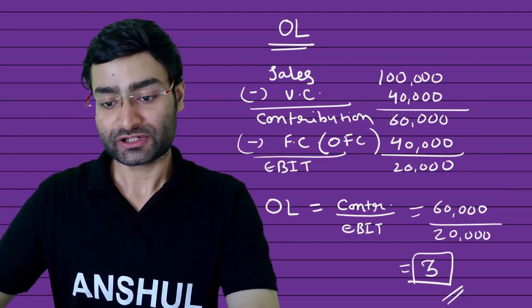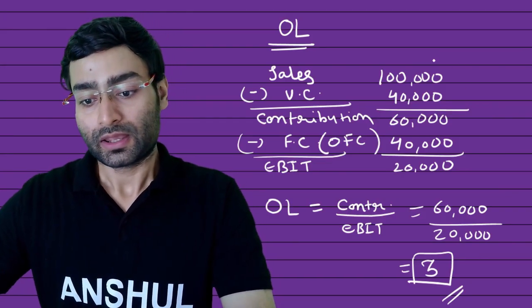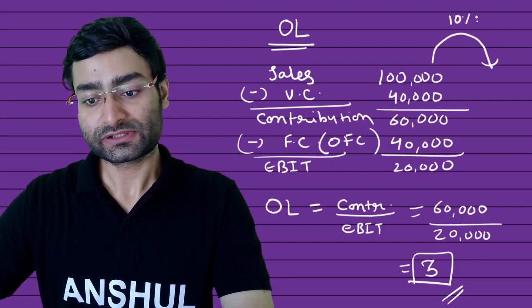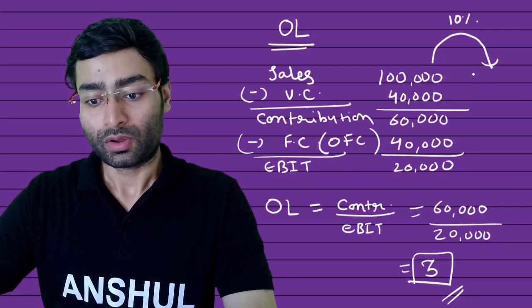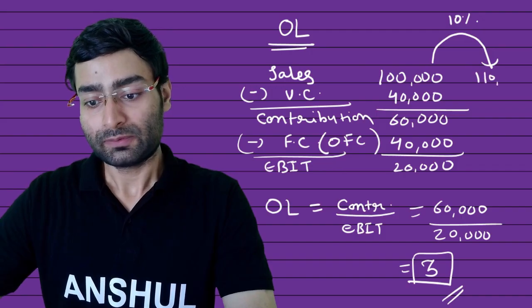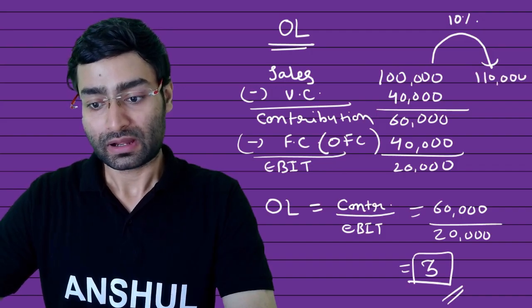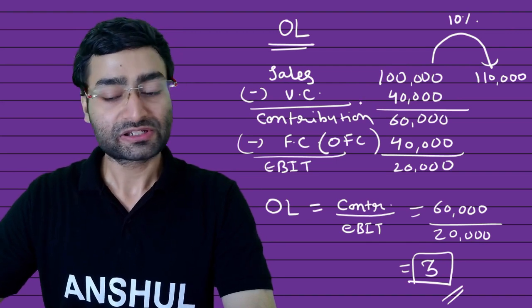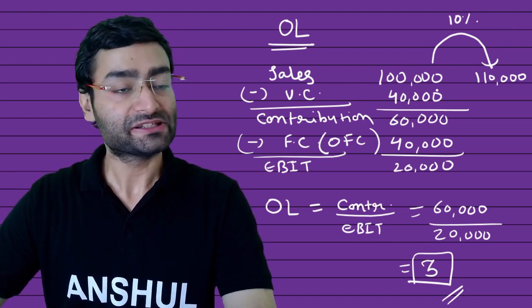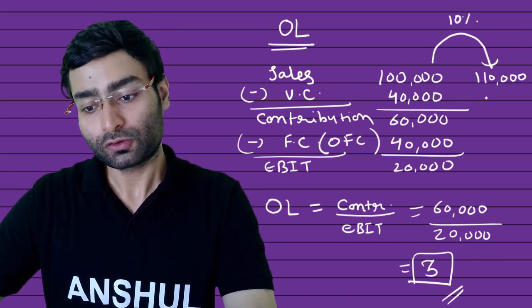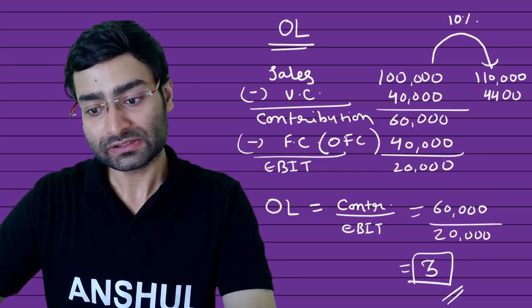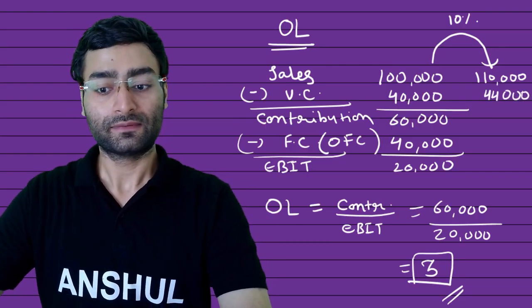We can cross check. Increase your sales by 10%. It will be 1,10,000 after an increase of 10%. Because variable cost is variable, it varies with the sales and production. This will also increase by 10%, and it comes to 44,000.